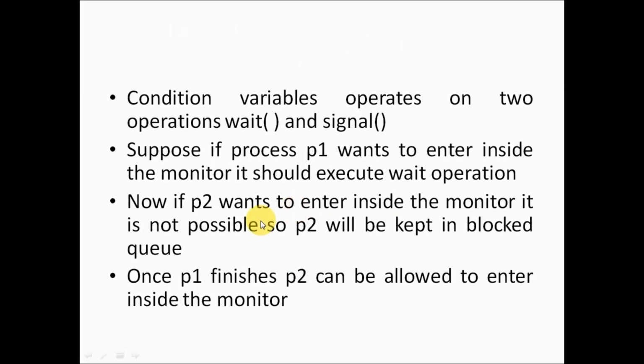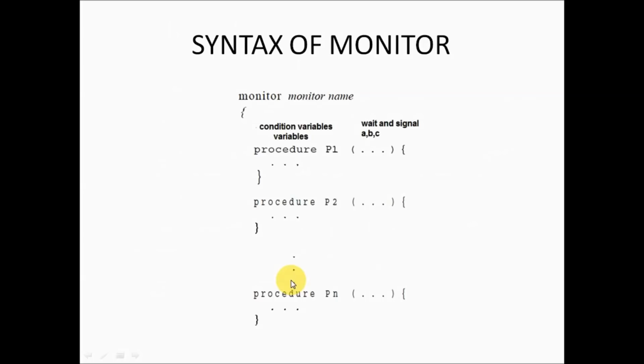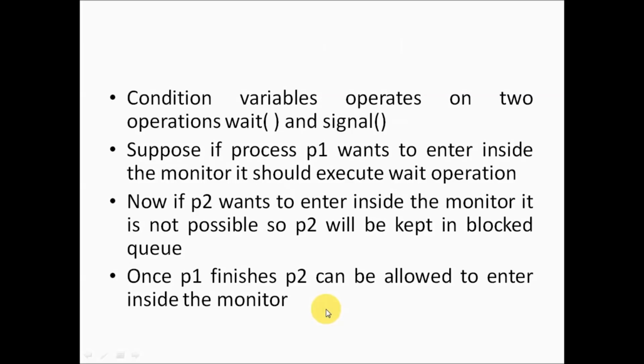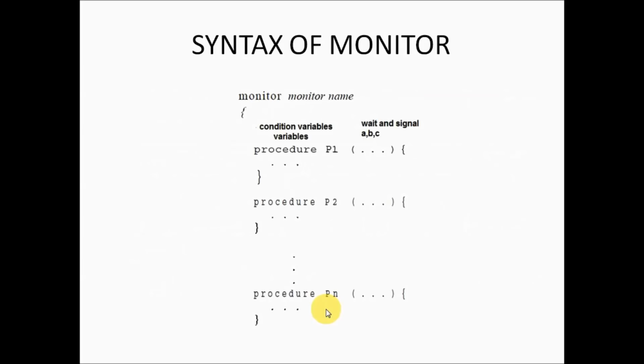Once P1 finishes, P2 can be allowed to enter the monitor. P2 will be moved from the blocked queue to the monitor, so it is allowed to enter inside the monitor. Getting, guys? It's very simple.